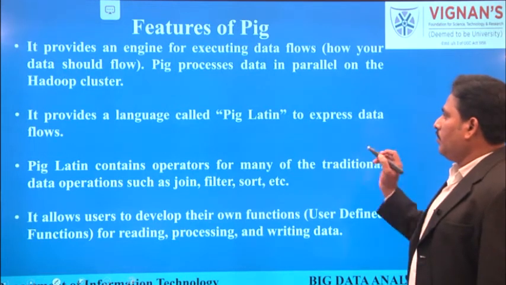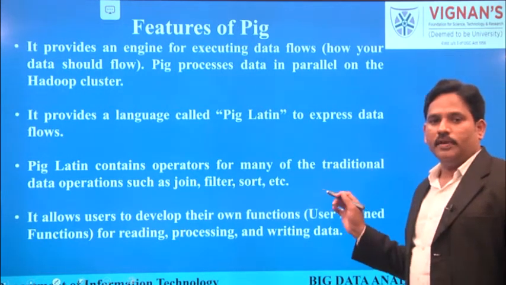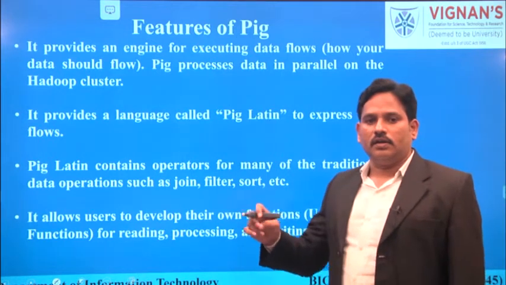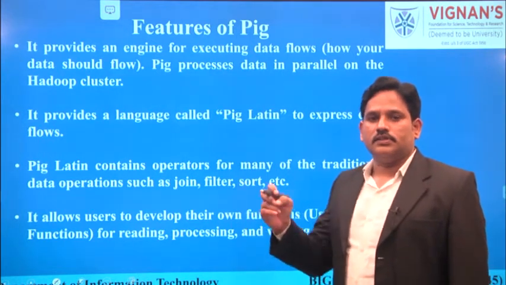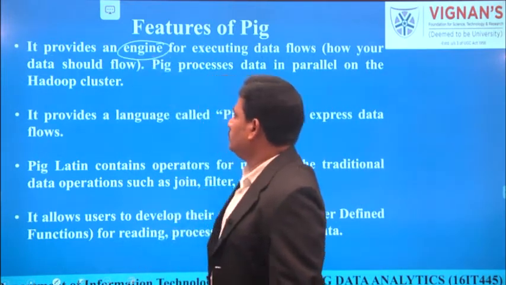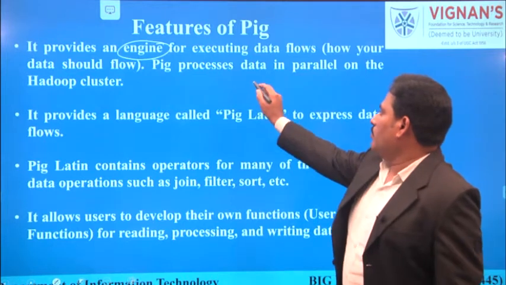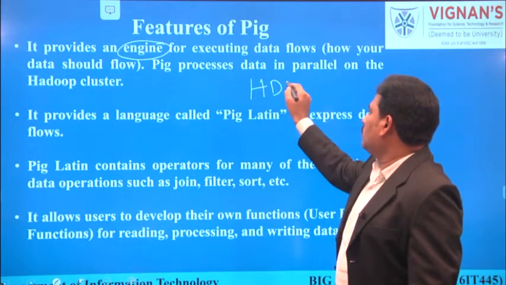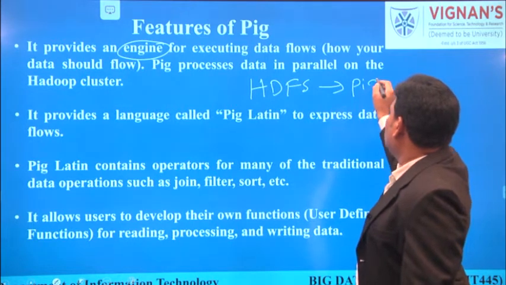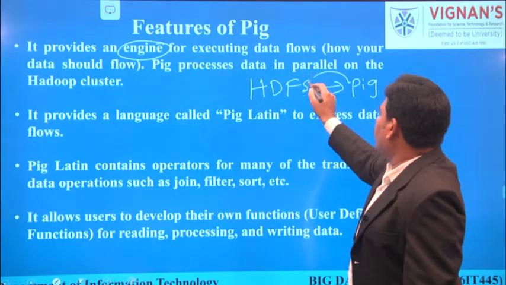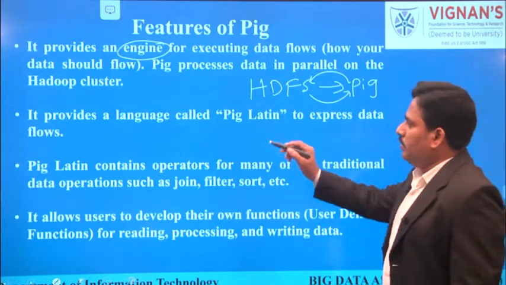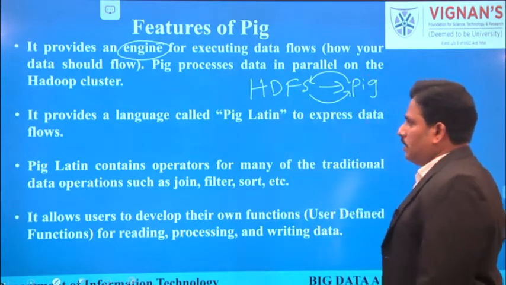That means whenever you want to access data from the Hadoop environment or from any source, in order to look into the data or to perform basic search operations, Pig will act as an engine. When we are transferring data from HDFS to the Pig environment, Pig is going to perform either read or write operations. To do all these activities, Pig will act as an engine.